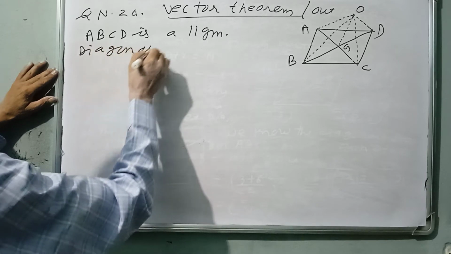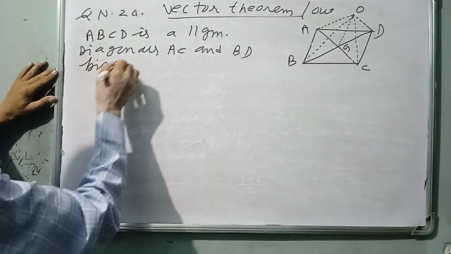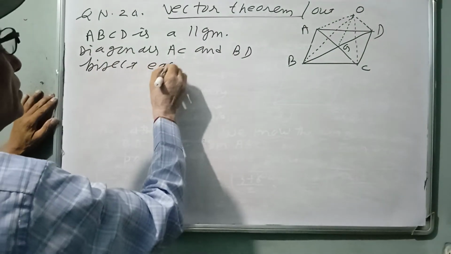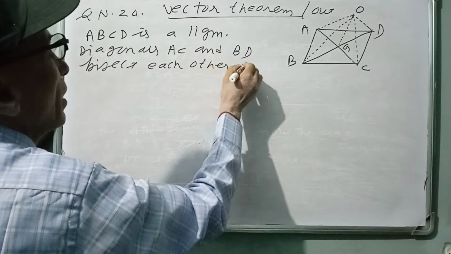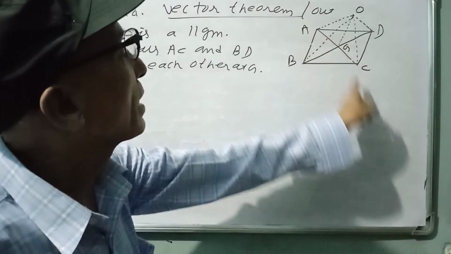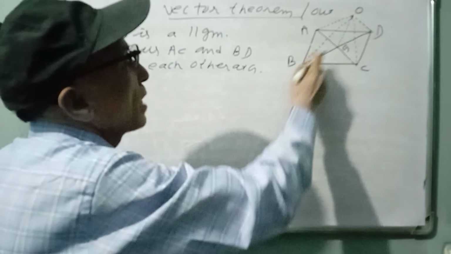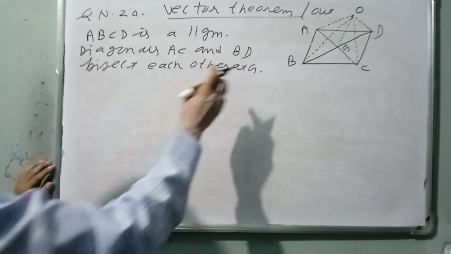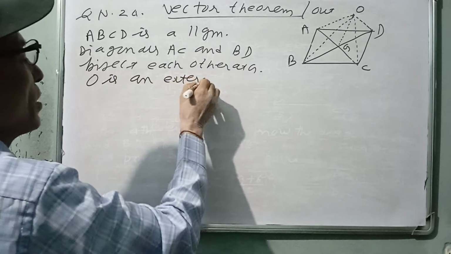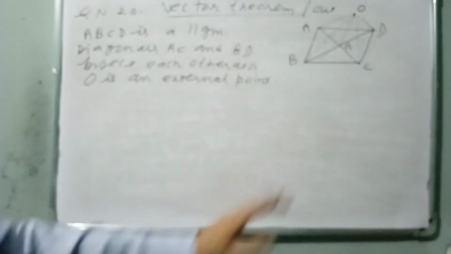Diagonals AC and BD bisect each other at G, not only cut, because ABCD is a parallelogram. AC and BD bisect each other at the point G. O is an external point, any point either inside or outside the parallelogram.